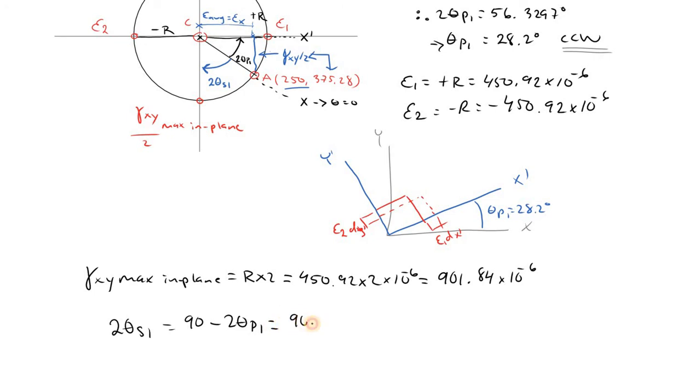So 90 minus 56.3297, which is close to 33.7 degrees. For the element transformation, we need theta S1, which is divided by 2, so 16.8 degrees. And again, it's going clockwise.